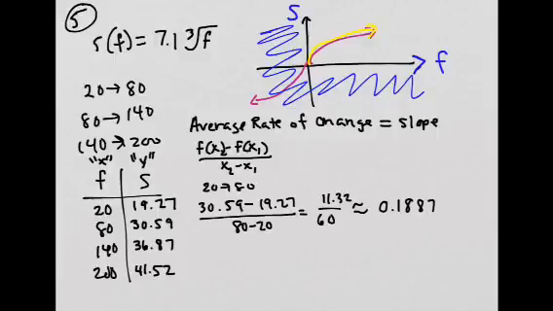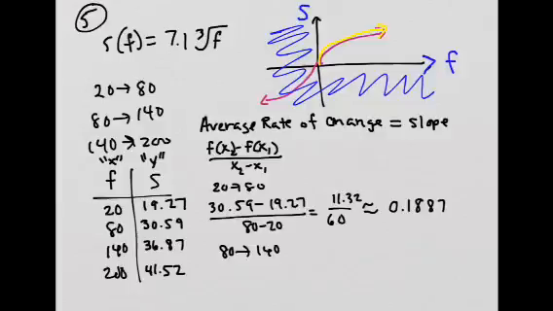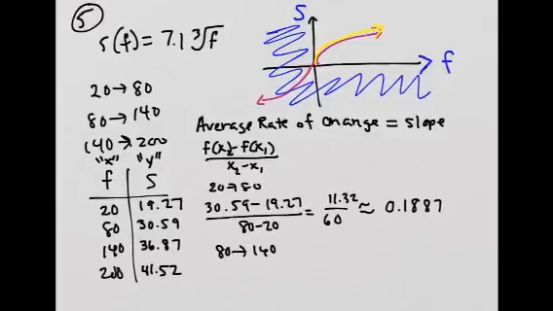Then we'll do the one that goes from 80 to 140. I'm just writing it down right here so we keep the information organized. From 80 to 140, 140 is the second point because that's your last point. So I'm going to put 3687 minus 3059, which is the value for 80, over 140 minus 80.